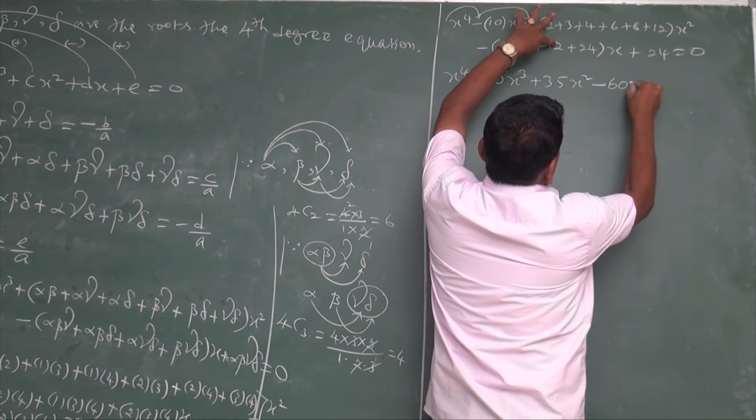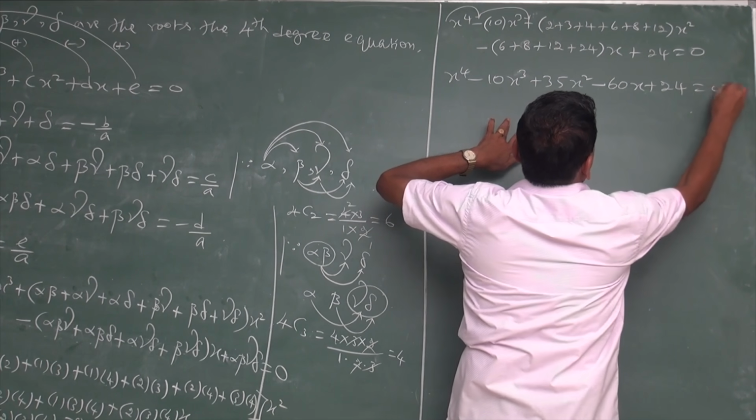So minus 60x plus 24, which is equal to 0.